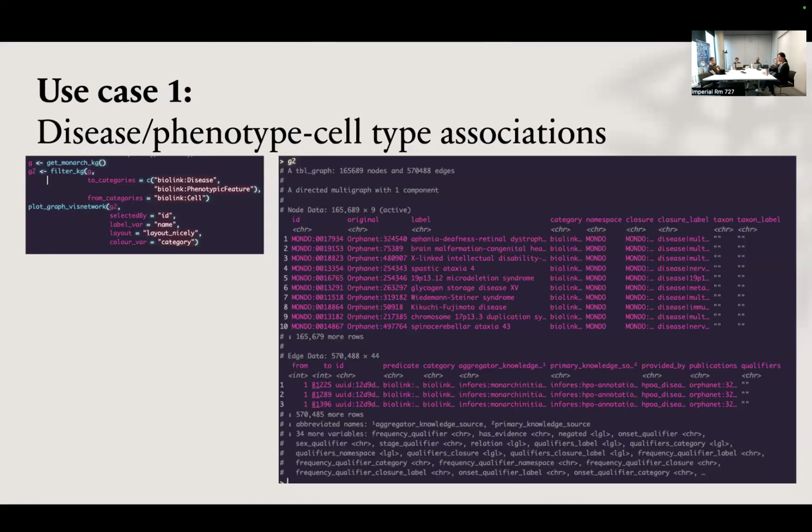So what does that actually allow you to do? Like, why is that useful? Well, one of the first use cases that I started going into this for was we needed some validation for our rare diseases project. We've generated all of these associations between cell types and all of the phenotypes that have genes annotated to them from the human phenotype ontology.